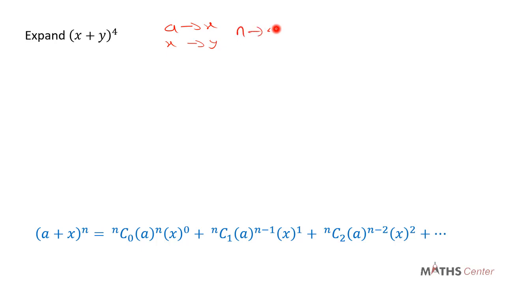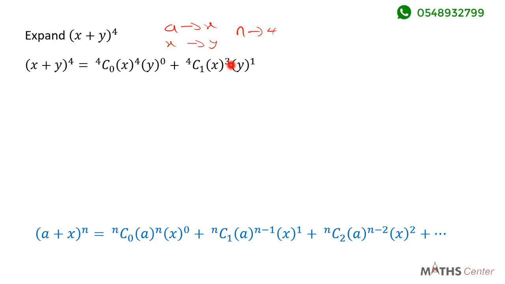So n is 4. So for the expansion, the first term is going to be 4 combination 0, x exponent 4, y exponent 0. Then for the second term, we are going to have 4 combination 1. The exponent on x, which is 4, reduces by 1 to 3, and the exponent on y, which is 0, increases by 1.